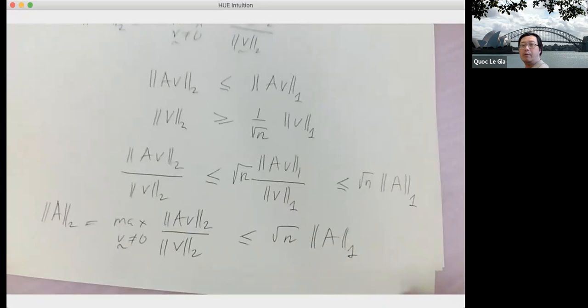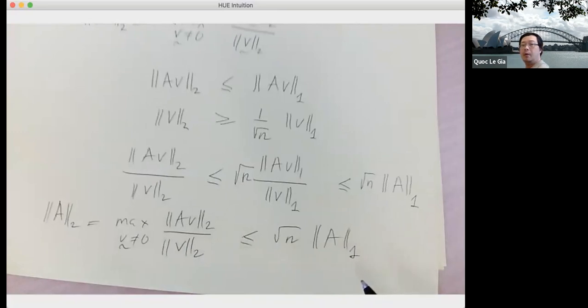So what you have proved is that the 2 norm of a matrix is less than or equal to square root n times the 1 norm of the matrix. Before we proved it for vectors, but now we proved it for a norm of a matrix.